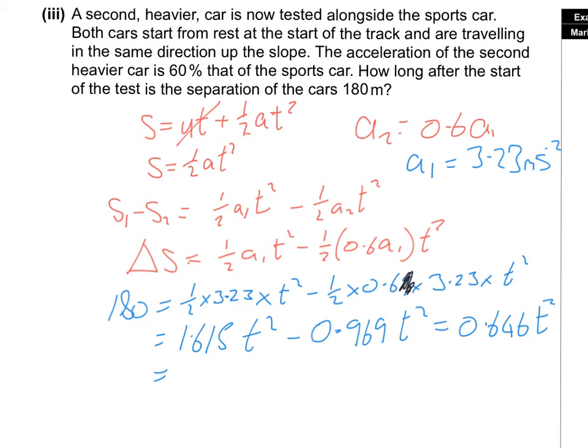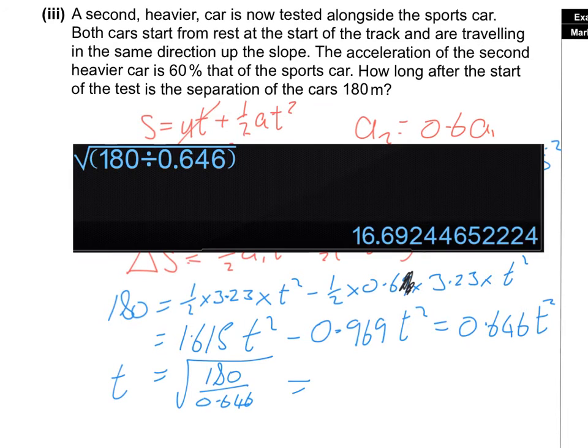And that's going to be 1.615 t squared minus 0.969 t squared, which gives you 0.646 t squared. So t squared is 180 over 0.646, so t will equal the root of 180 over 0.646. And that's giving me 16.7 seconds.